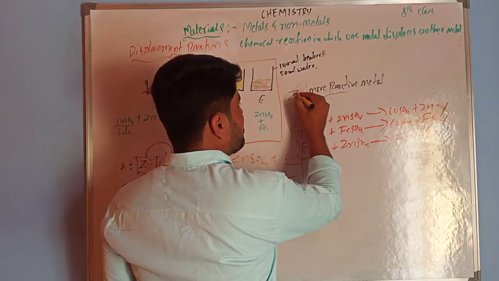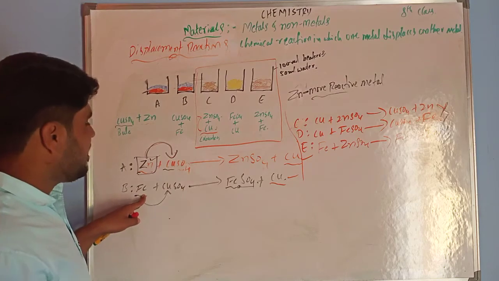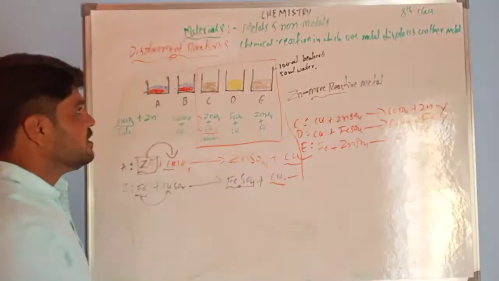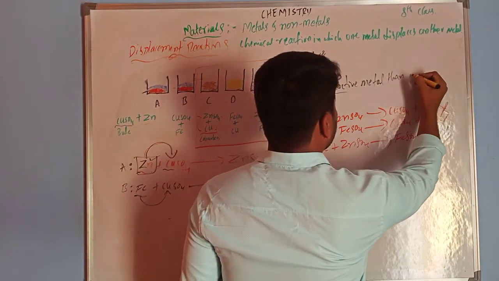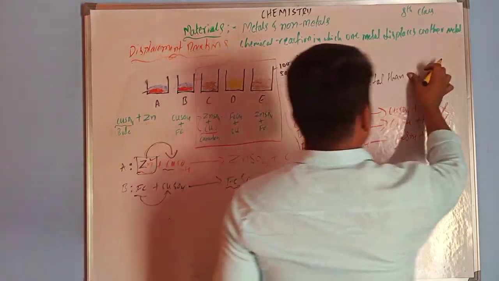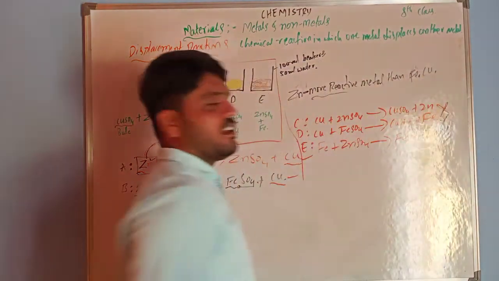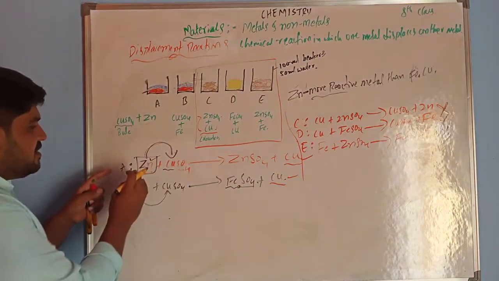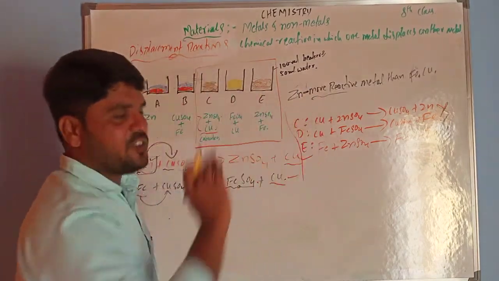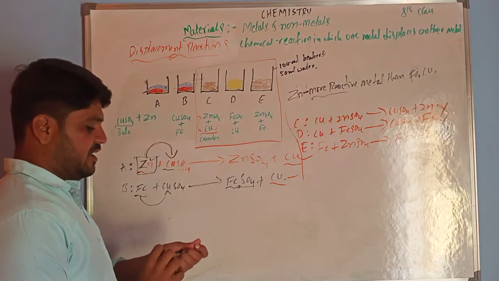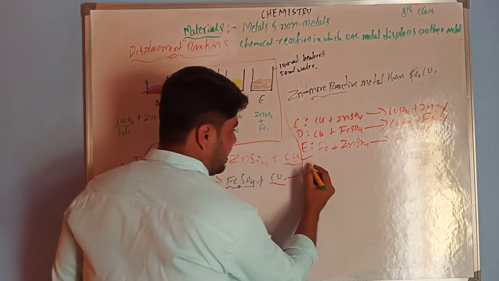Zinc is more reactive than iron and copper. That's why a more reactive metal can replace the less reactive metals.